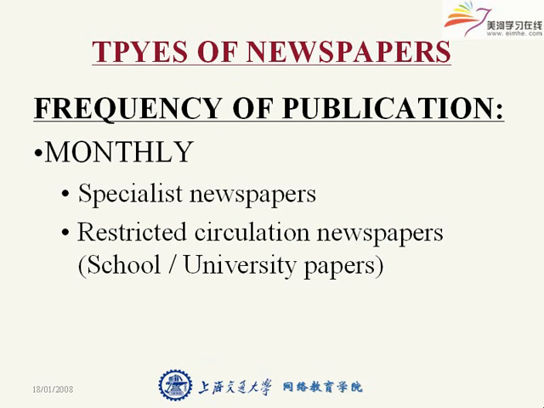Right. So then I said size or format. So this is what you have already seen. Tabloid, broadsheet, and then something which is called the Berlin format and the compact format. Now, the tabloids, they are also called popular papers. And here you got their size, so they are a little smaller than the real broadsheets, and they have, as I already pointed out, this red top.